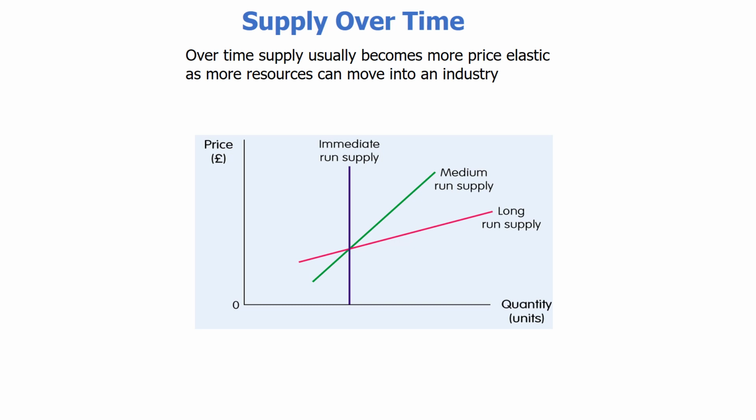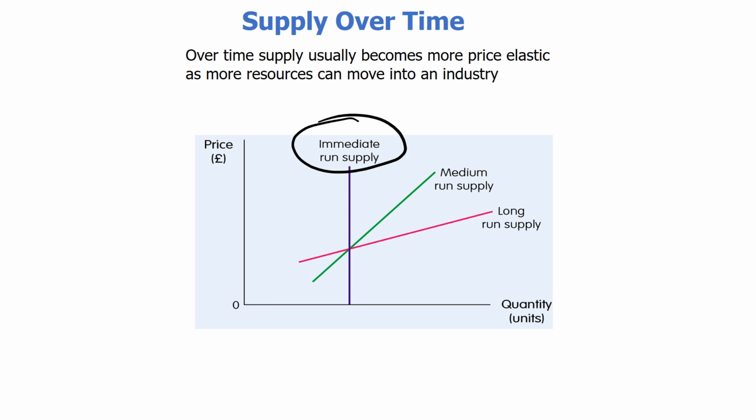You can only supply so much, even if prices rise above your wildest expectations. So in the immediate run, supply is usually very price inelastic.